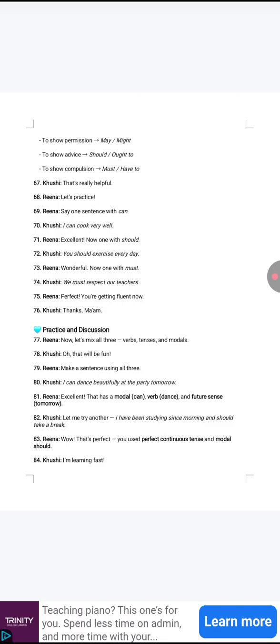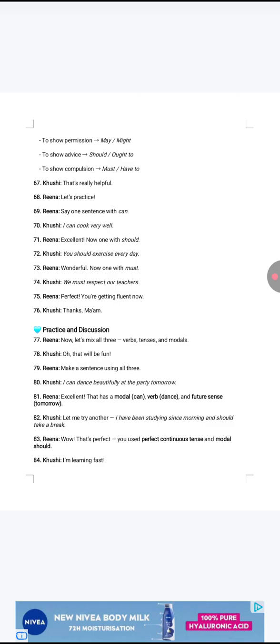Now let's mix all three: verbs, tenses, and modals. Oh, that will be fun, ma'am. Make a sentence using all three. I can dance beautifully at the party tomorrow. Excellent.